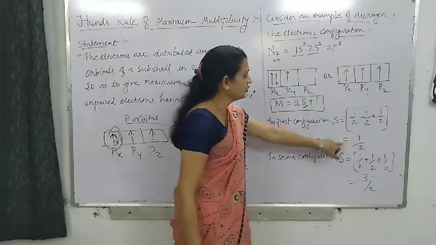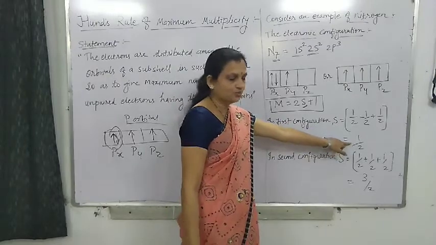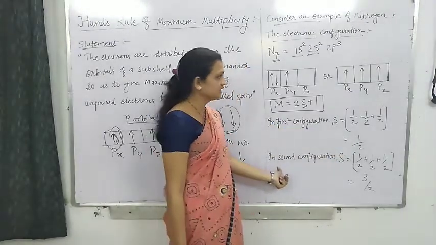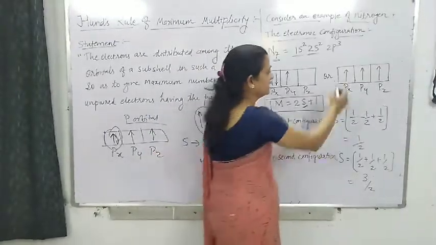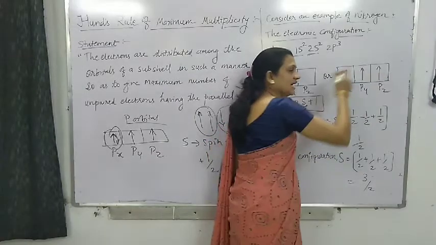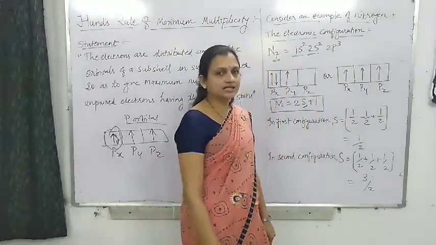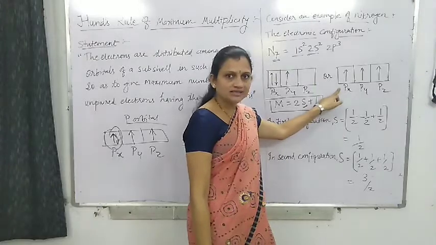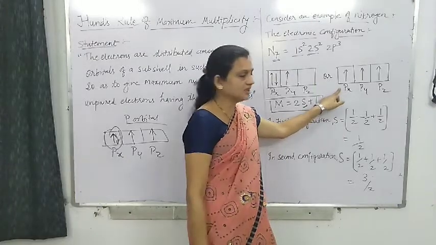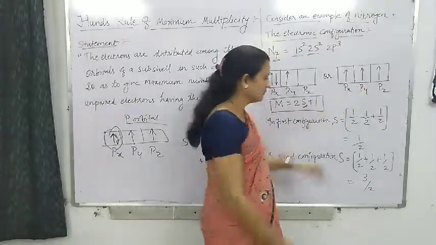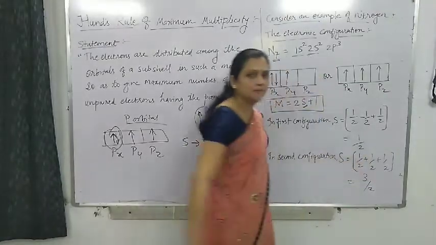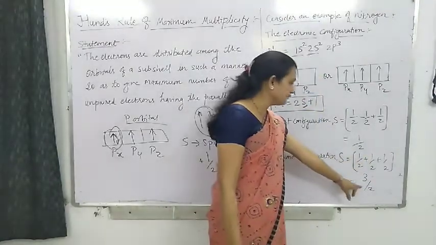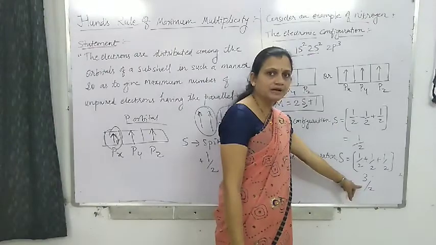Now the total is half, 1 by 2. And in the second configuration, here S is equal to, these three are in the upward direction, the movement is clockwise and the rotation is upward, therefore these three are denoted by plus half each. Therefore the answer is 3 by 2.